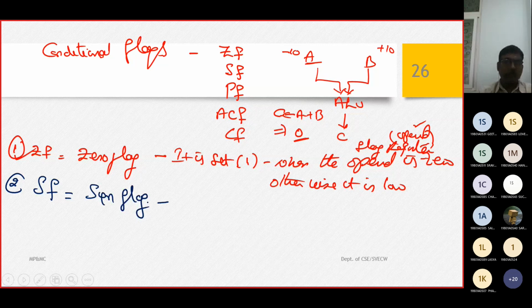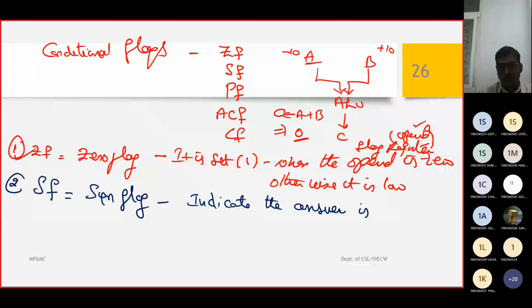The sign flag is going to indicate whether the answer is a positive or negative number.